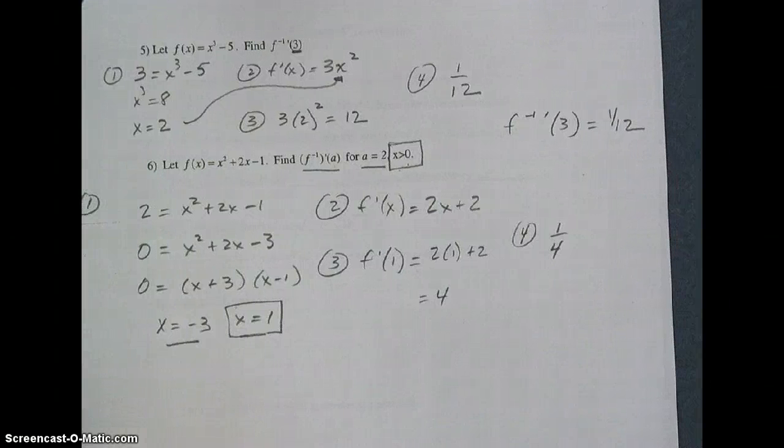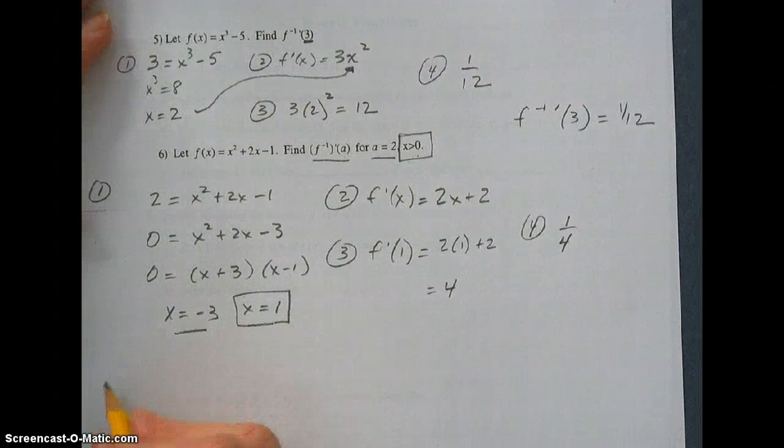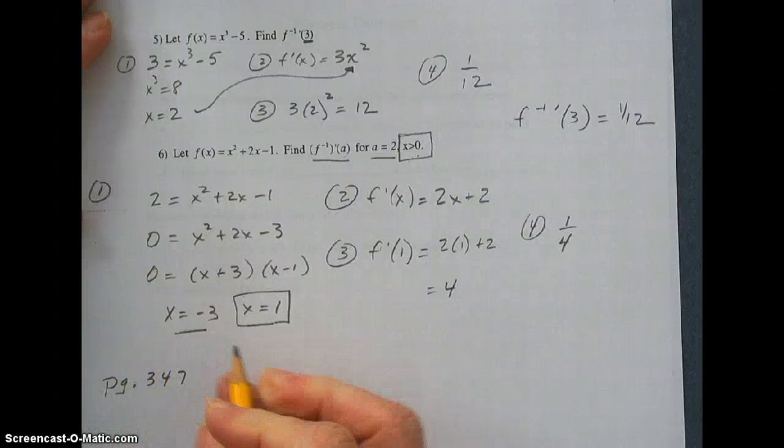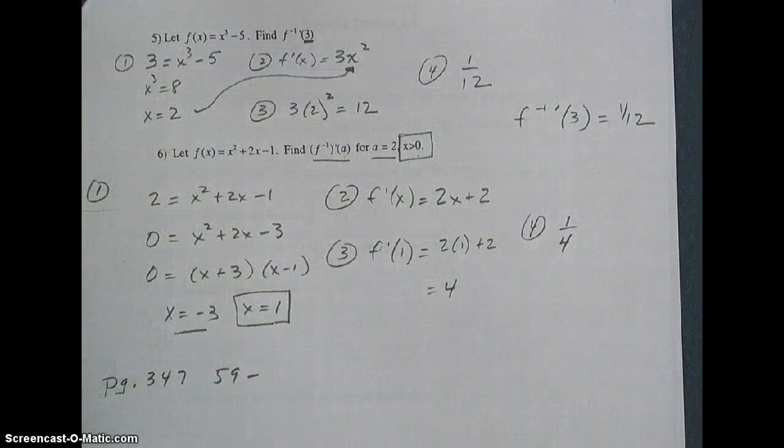Okay, so again, it's quite a process. You'll need to practice this because it's not necessarily a natural process. I also want you to practice some problems on page 347. Problems 59 through are answering some questions about one-to-one, and given word problems, can you tell if they're one-to-one?